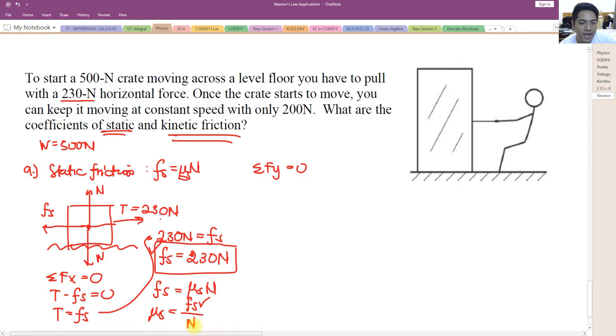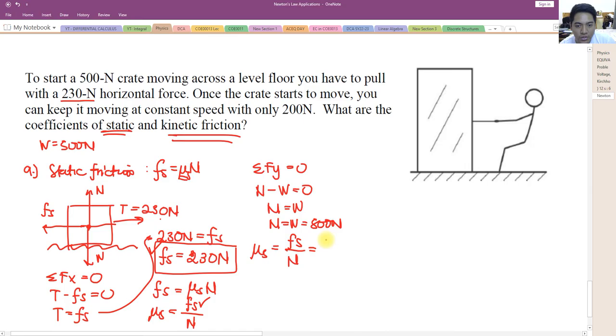So in order to get the normal force n, we have n going up minus the weight going down equals 0. So the normal force is still equal to the weight of the crate, which is just 500 newtons. So now we can get the coefficient of static friction: static friction all over the normal force.